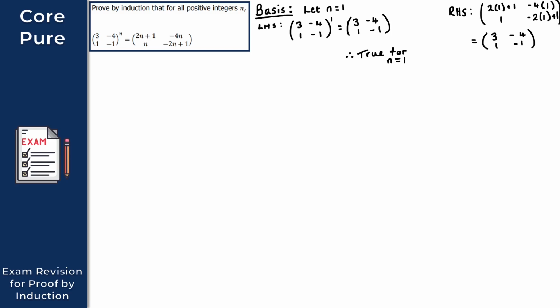So we now move on to the assumption step here then. So for the assumption step here, what we do now is we assume that this is true for n equals k here.